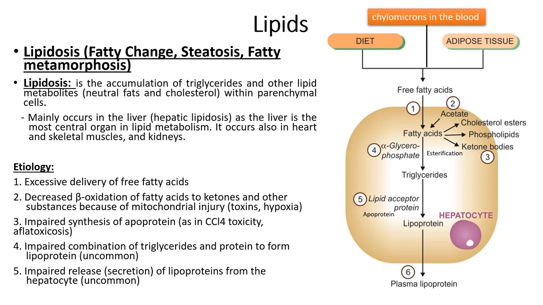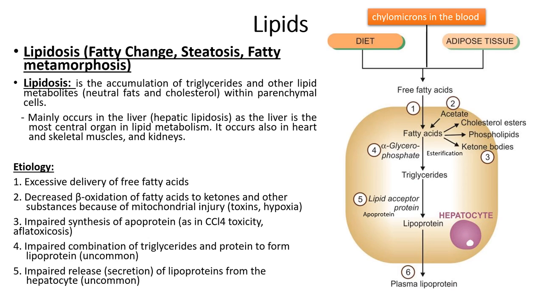So most of the textbooks would mention hepatic lipidosis, since most of this lesion happens in the liver. And since also the liver is a central organ in lipid metabolism, but it also occurs in the heart, skeletal muscles and kidneys. So the etiology: any abnormality in this pathway would lead to fatty changes.